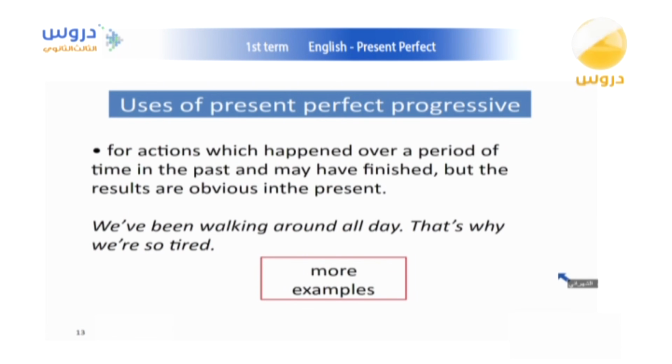Another use is for actions which happened over a period of time in the past and may have finished, but the results are obvious in the present. For example, we have been walking around all day, that's why we are so tired.